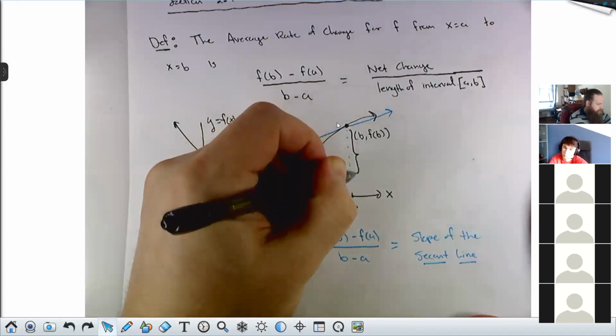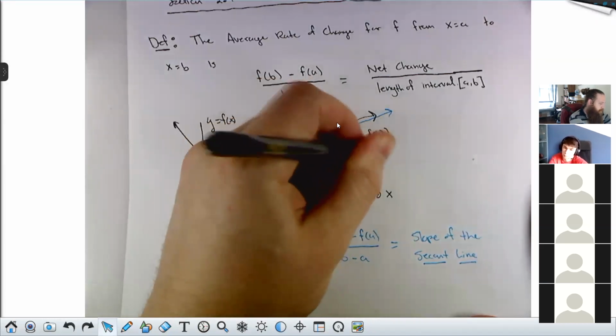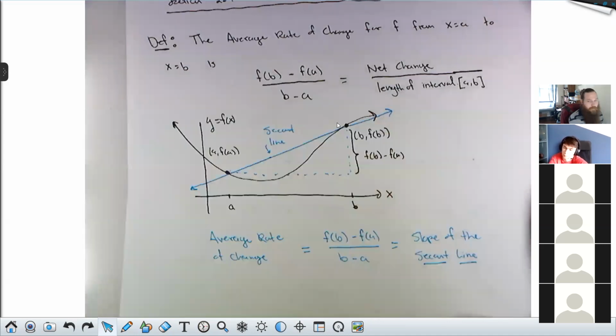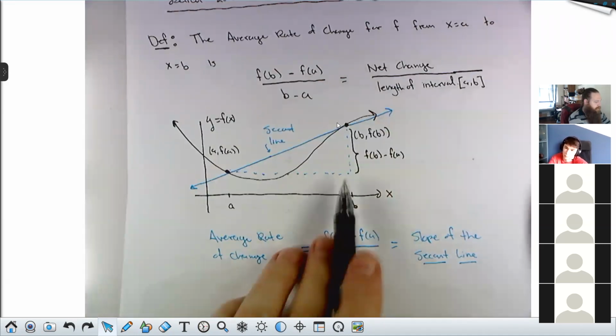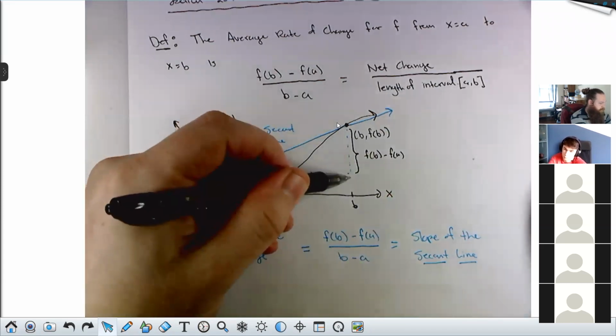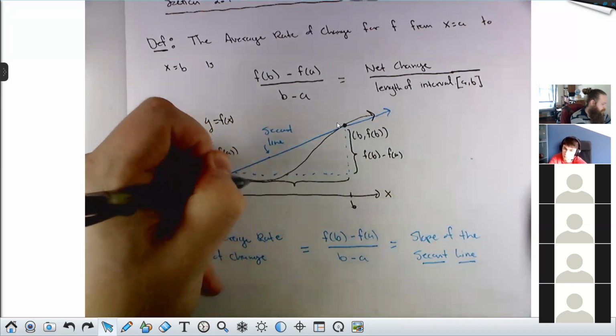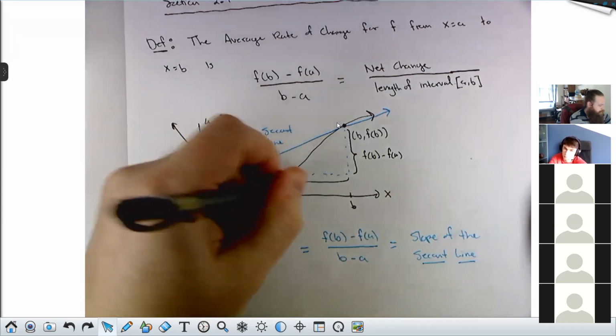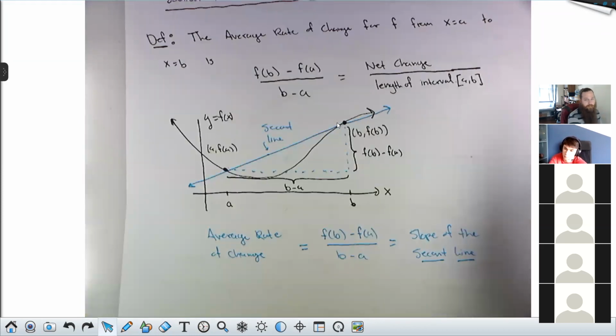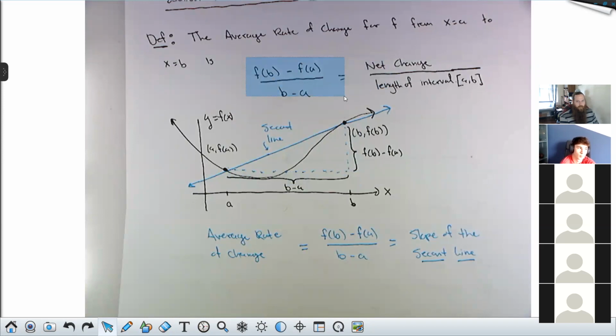So this height is f of b minus f of a. And this distance here, this horizontal distance, that is b minus a. So you take the rise, f of b minus f of a, over the run, b minus a, and that gives you the slope of that secant line, which is also called the average rate of change.